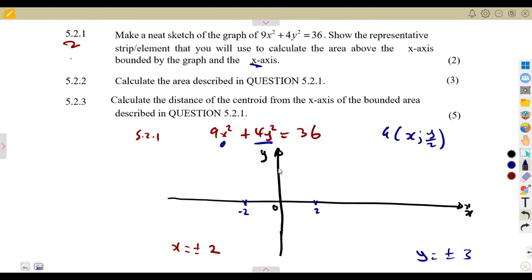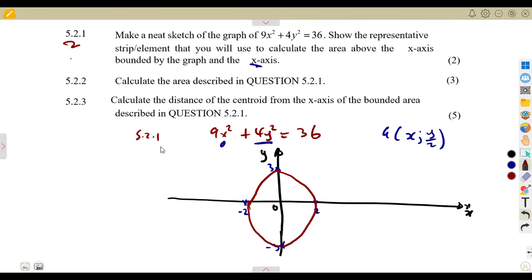Y plus 3 maybe somewhere here, then minus 3 somewhere there. You're going to join through the points, and you're going to have an ellipse. An ellipse is not a circle. It's similar to a circle, but not a circle.